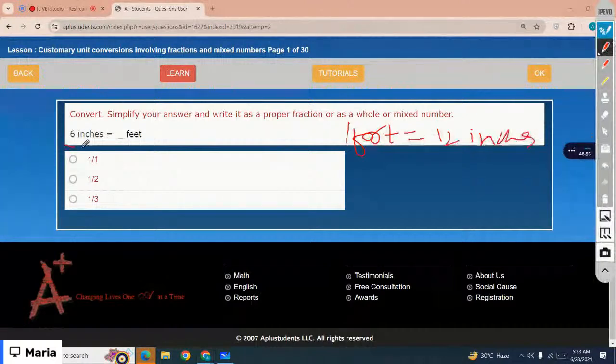So here you can see, 6 inches equals how many feet? You have 6 inches here, and we know that 2 times 6 is 12. So you can divide both sides by 2. So half a foot equals 6 inches. Got it? The correct option is 6 inches equals half a foot. Option number 2 is the correct option.